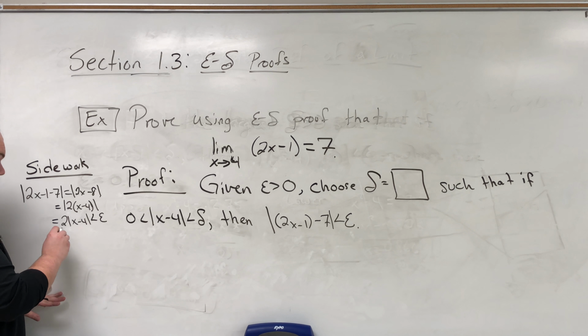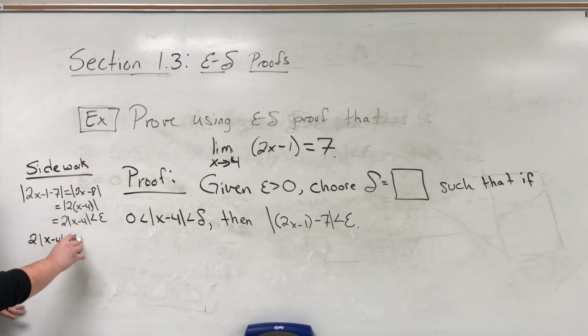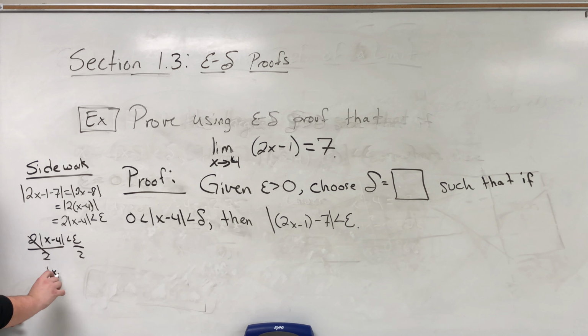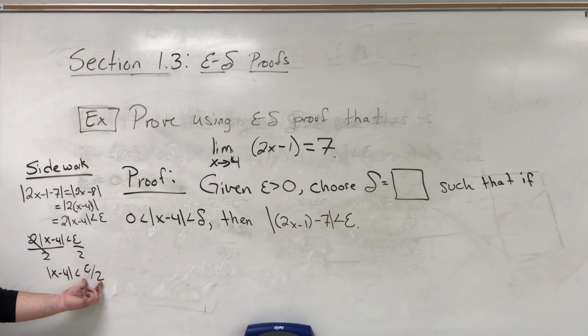Well, if I divide by 2 here, so I'm going to come down so that I keep good steps, not just go out of nowhere. So now I say 2 times the absolute value of x minus 4 is less than epsilon. If I divide by 2, I get the absolute value of x minus 4 is less than epsilon over 2. Well, that means that if I let delta equal epsilon over 2, then x minus 4 will always be less than that.